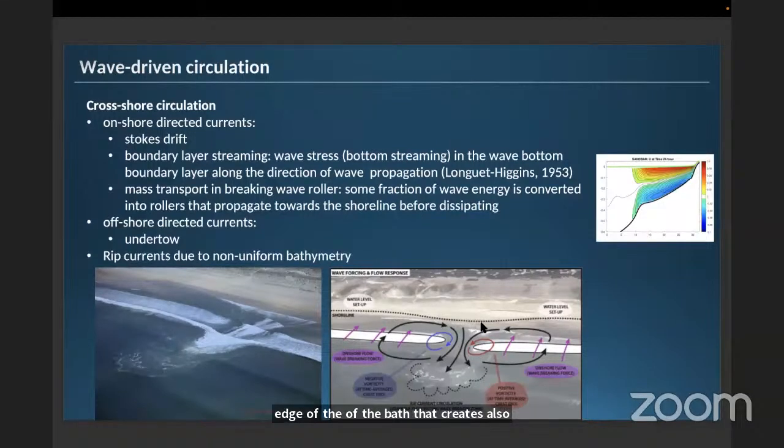And this is typically what is shown in the picture, and it can be seen in a lot of energetic coastal areas. And it creates a really strong offshore current, which is quite dangerous for swimmers.